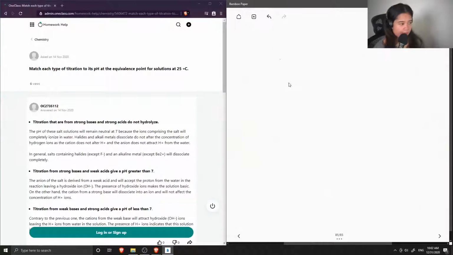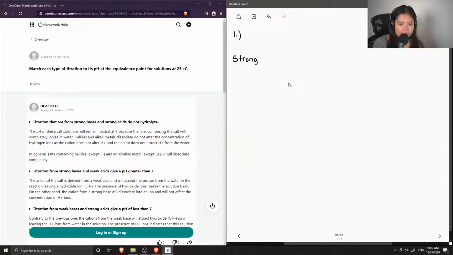Okay, so question 1 says to match each type of titration to its pH at the equivalence point for solutions at 25 degrees Celsius. Okay, so I'll just write all the different types of titrations.